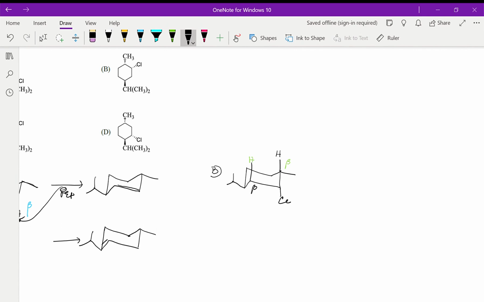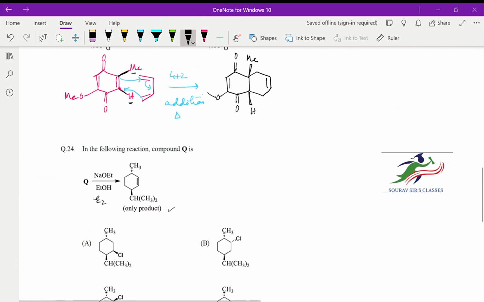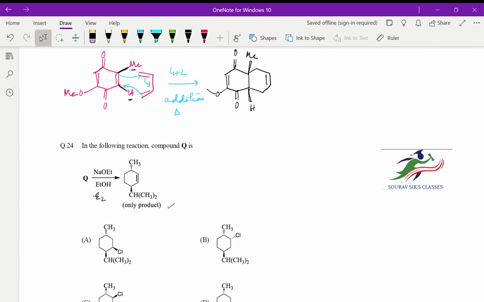And for E2 reactions, eliminations are preferably anti. Okay, E2 reactions prefer anti positioning of the leaving groups.